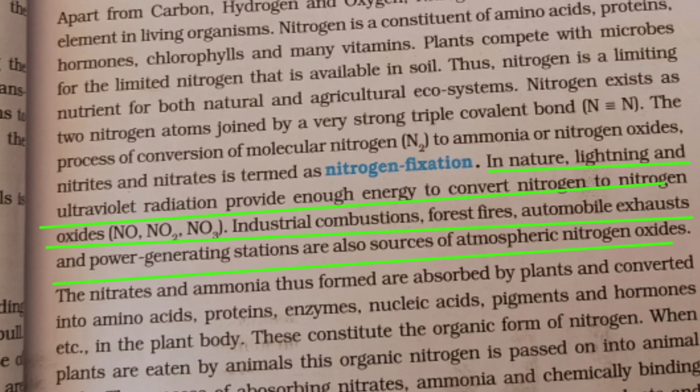In nature, there are three ways of forming nitrogen oxides; one is lightning, second is ultraviolet radiation. These two convert nitrogen to NO, NO2 or NO3.